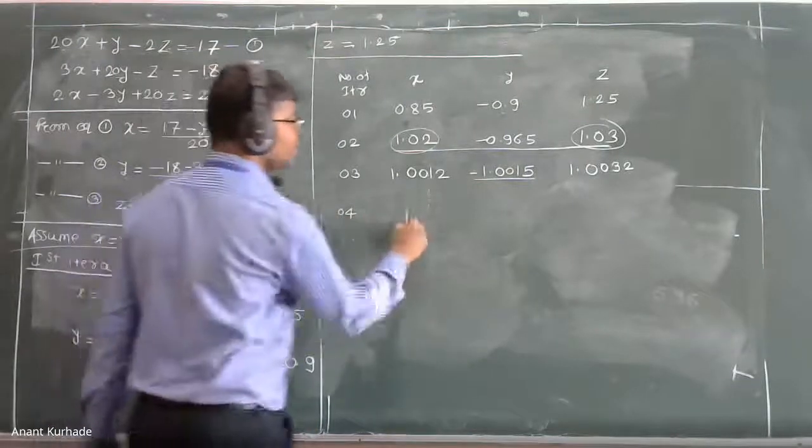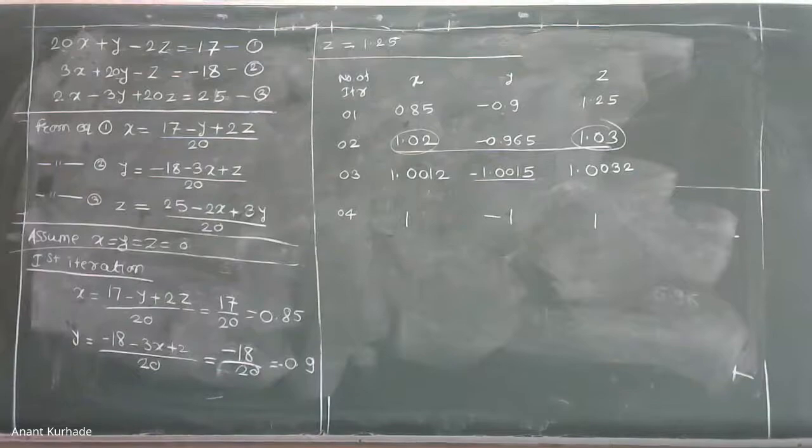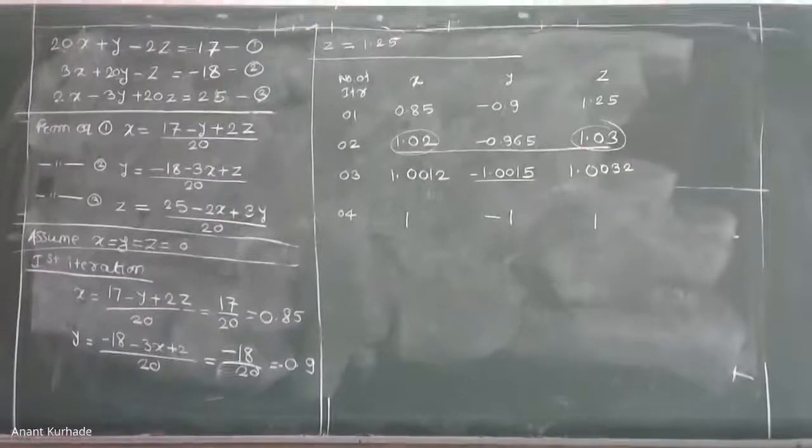You can find 1, minus 1 and 1 up to the 4th iteration.